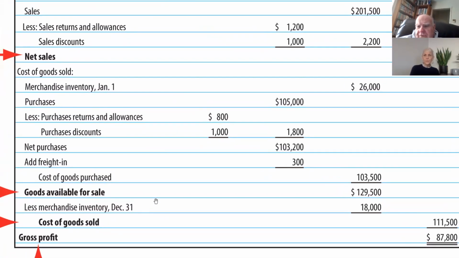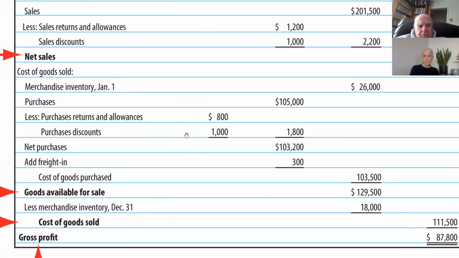So this is really the new part here. And again, it's pretty intuitive, I think. Beginning inventory plus whatever you purchased on top of that is the goods available for sale. You either sold it or you didn't. Under this method, which we're working with now, called the periodic method, obviously we don't record the cost of goods sold until the end of the month.